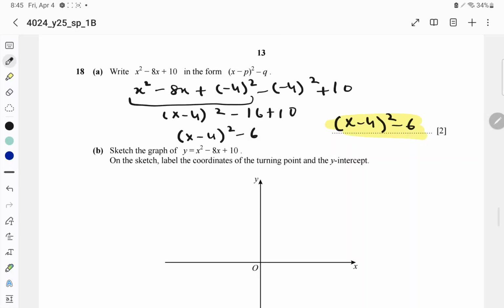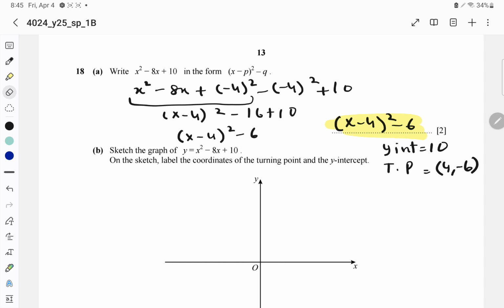Okay, so we must sketch and label the coordinates of the turning point and y-intercept. Obviously the y-intercept is 10, the constant number, and the turning point in this quadratic equation is (4, -6).